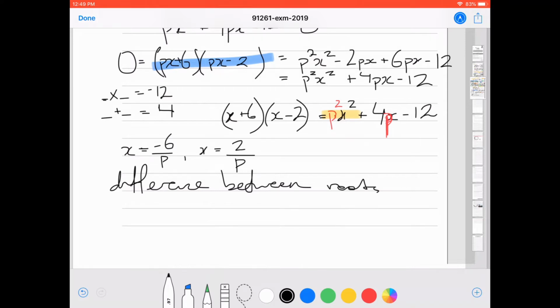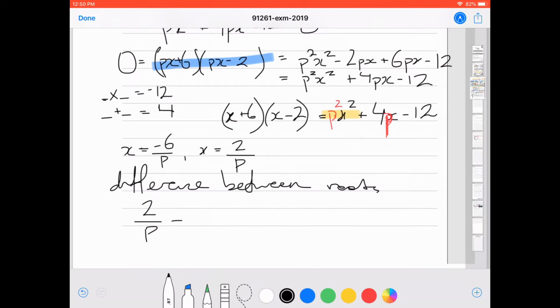Okay, so our two roots are minus 6 over p and 2 over p. It's something to think about, which way round to put the two roots. But the phrasing of the question is talking about difference between the roots. So you sort of just intuitively go larger number minus smaller number.